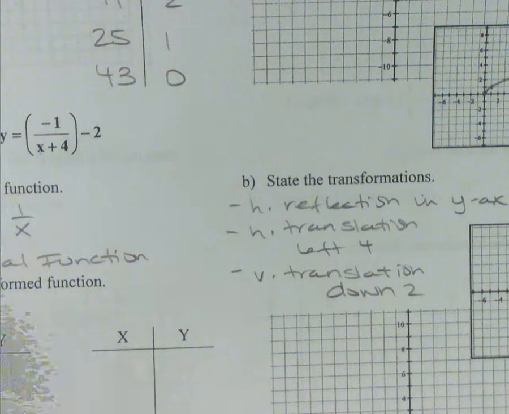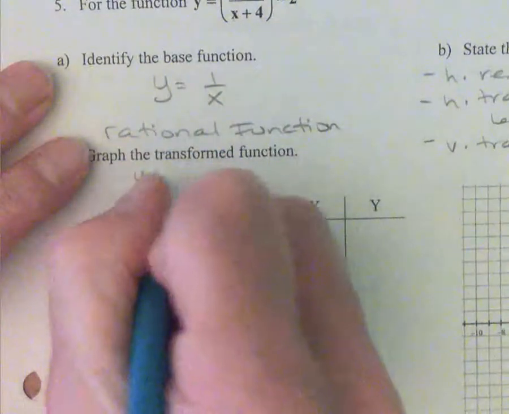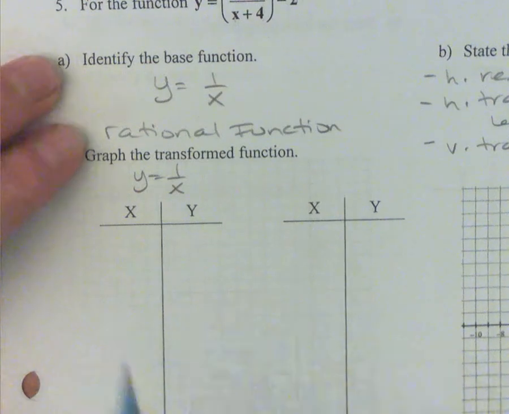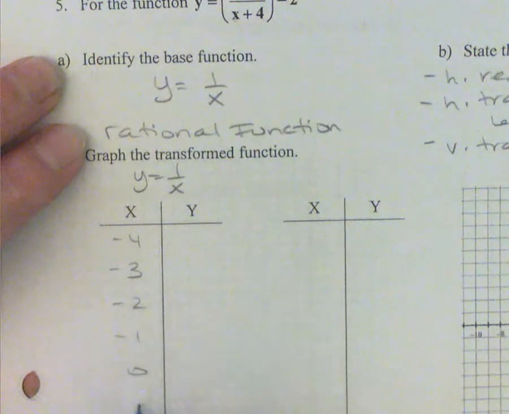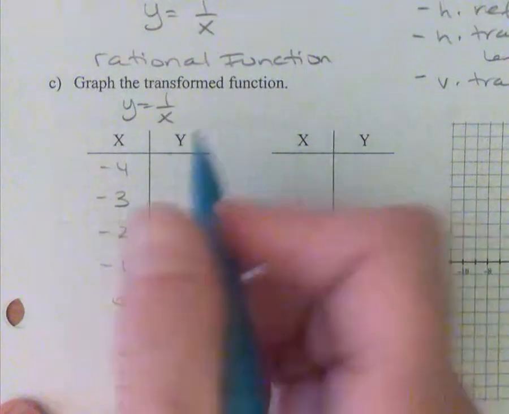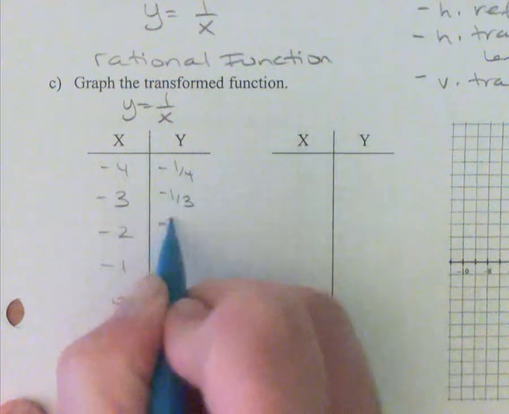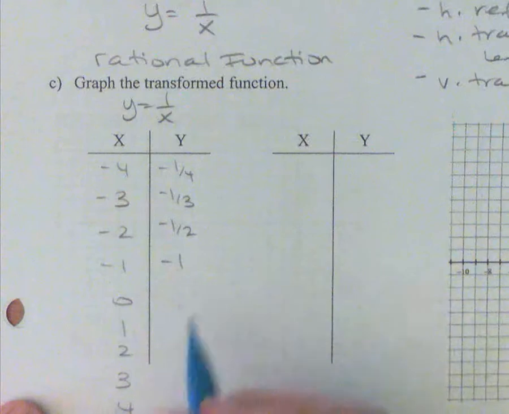So again, let's look at the base function. That is y is equal to 1 over x. So I'm going to go with minus 4, minus 3, minus 2, minus 1, 0, 1, 2, 3, 4. So if I do that, I get negative a quarter, negative a third, negative a half, negative 1. But if I try to divide by 0, I can't.